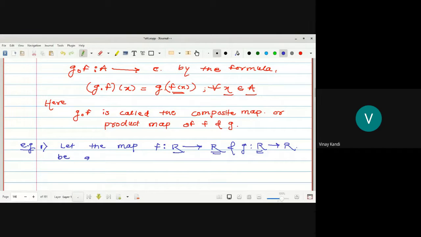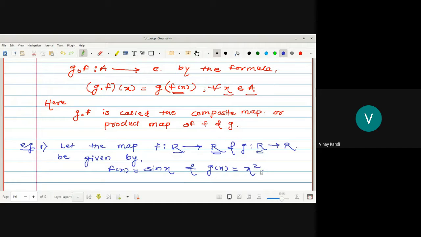These are the two functions given by f of x is equal to sin x, and g is the mapping given by g of x is equal to x squared.